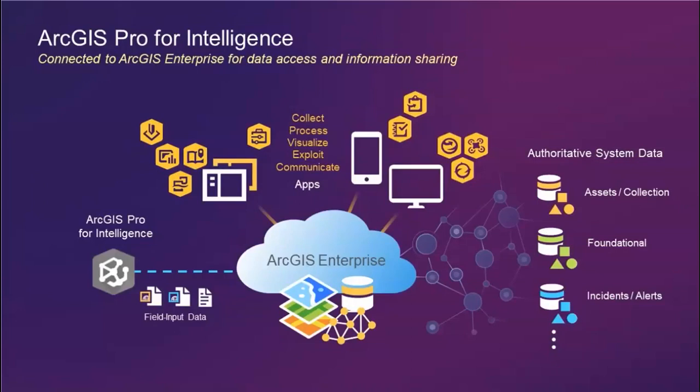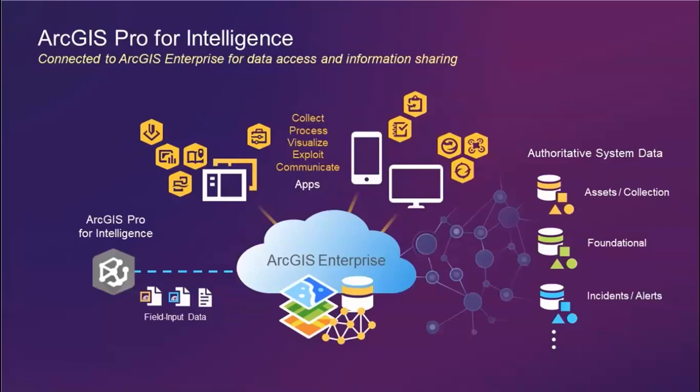You can also plug in with other organizations' geospatial clouds to retrieve geospatial information. When you're connected to the enterprise, you can also leverage other mobile applications such as Collector or Survey123, or web applications such as StoryMaps, Insights, or the Dashboard, and also any of our solution templates that you can find at solution.arcgis.com.